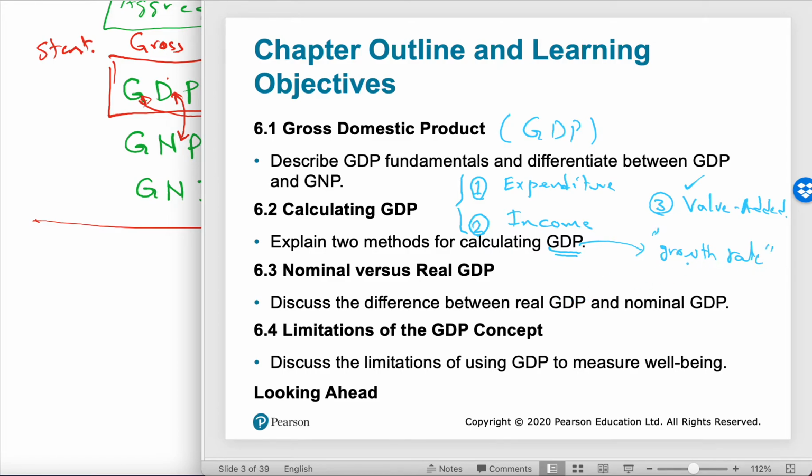If you want to calculate the growth rate, the best one to use is the real GDP, not the nominal GDP. So we are making a distinction between nominal and real GDP. Why nominal GDP is not useful, we will learn about it. And we invent another thing called real GDP, which helps us measure the growth rate of an economy.